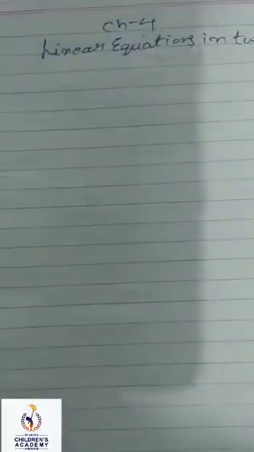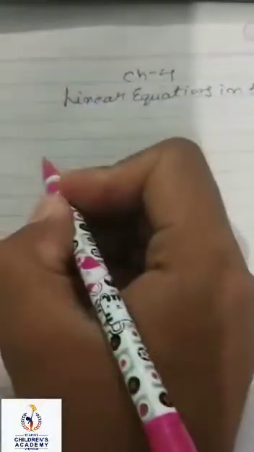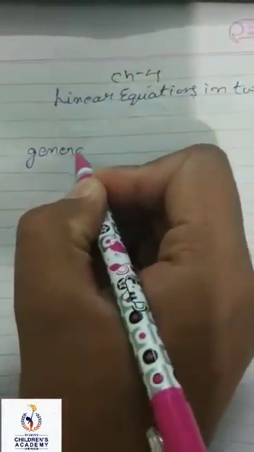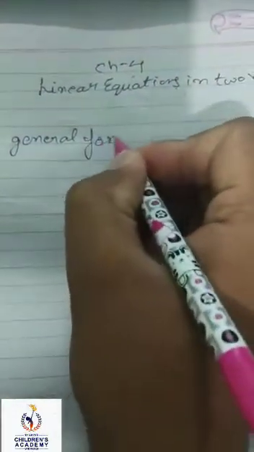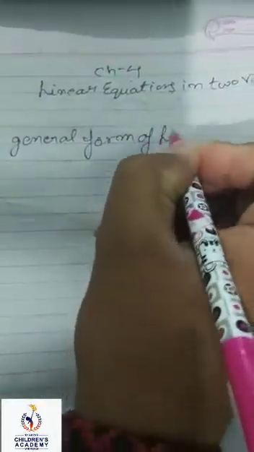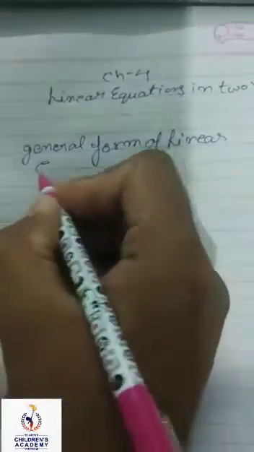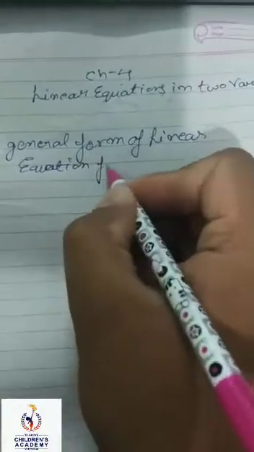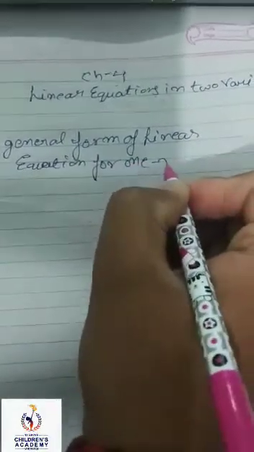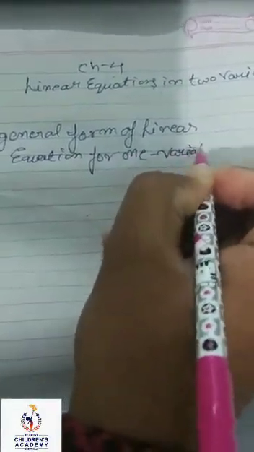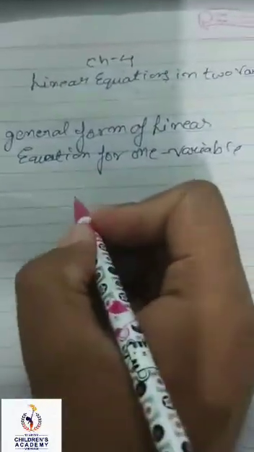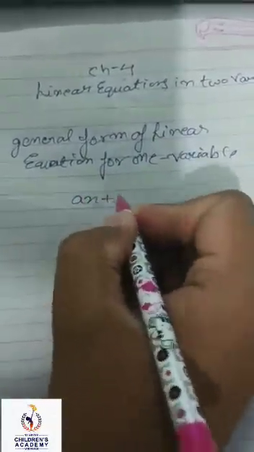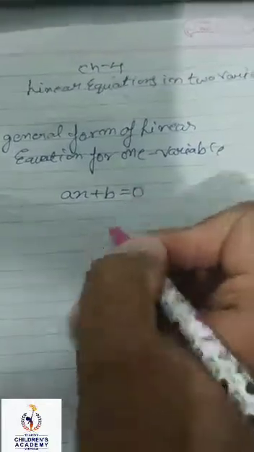Okay. So what is a linear equation? The general form of a linear equation for one variable is ax plus b is equal to 0.